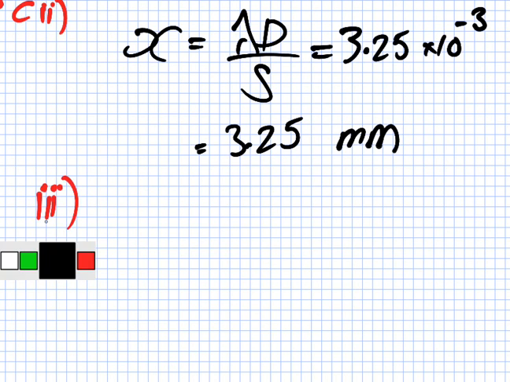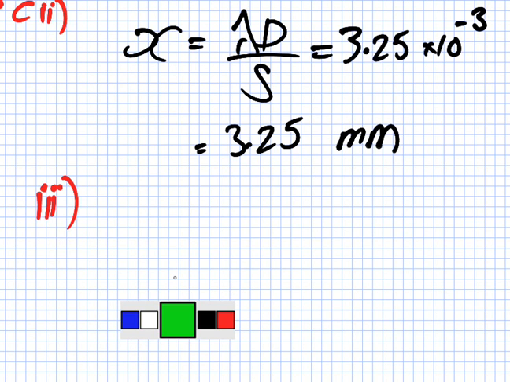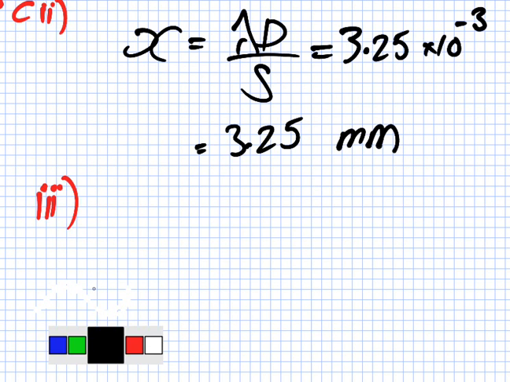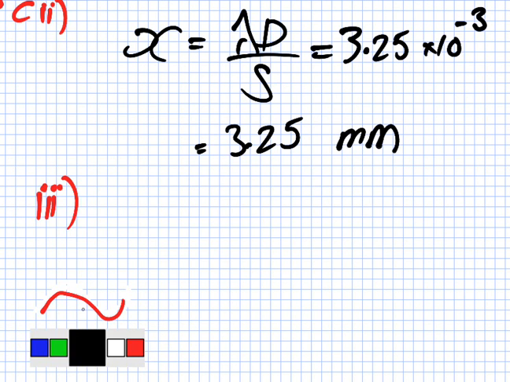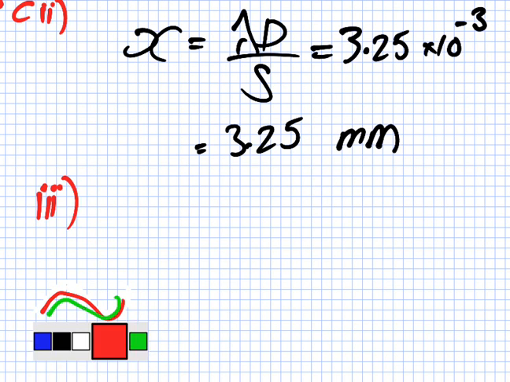Okay, part 3 now. If the light is replaced by white light, describe what happens basically to the dots. As I'm sure you know from middle school, white light is white because it's made up of all the colours that we can see. White is really red, green and blue light all together.